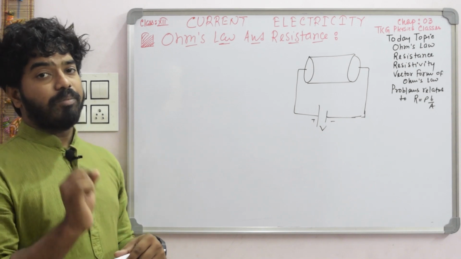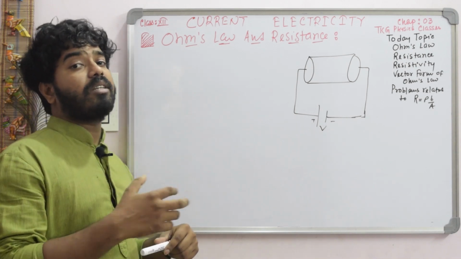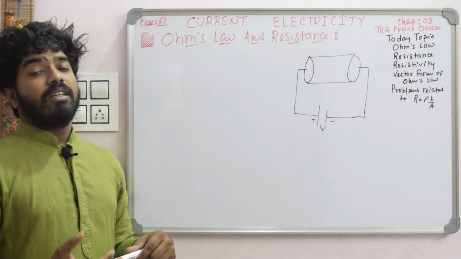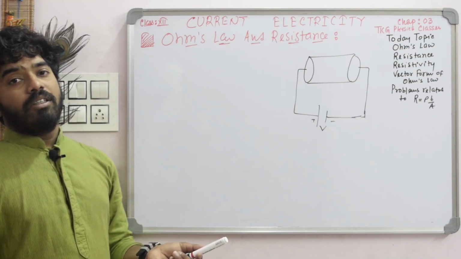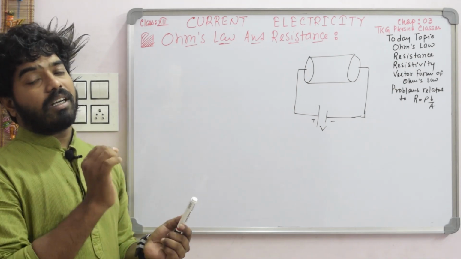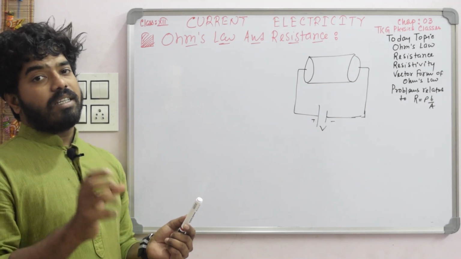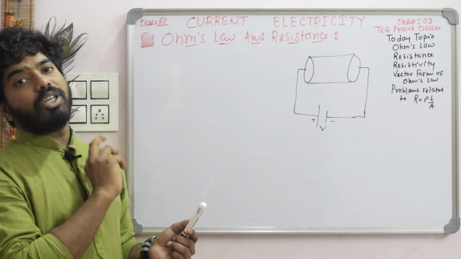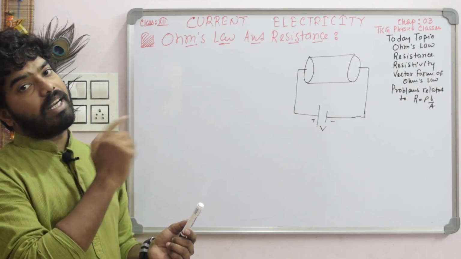Okay, this is the important part. When temperature and other physical quantities change, this Ohm's law is not valid. And the Ohm's law statement is: the current flowing through a conductor is directly proportional to the potential difference between 2 points of that conductor.